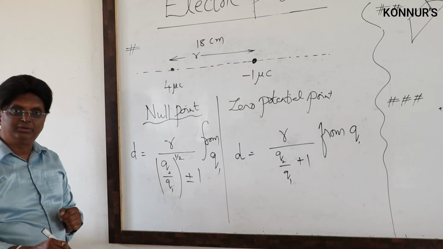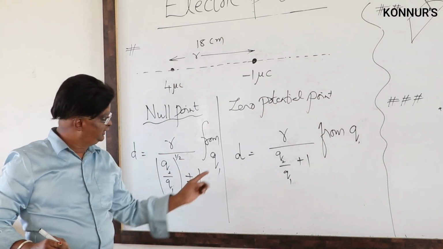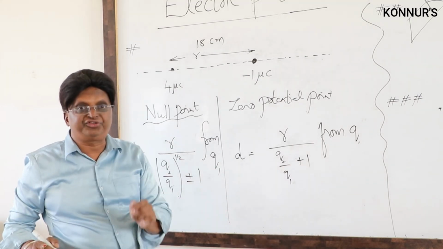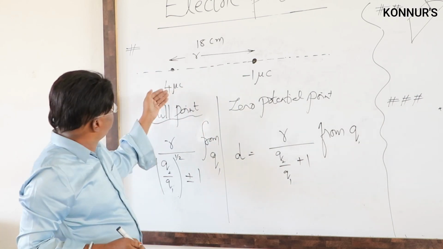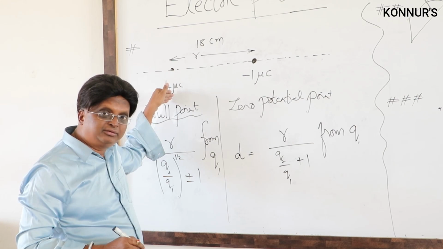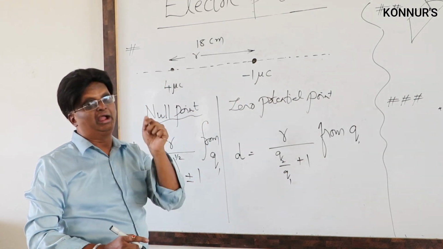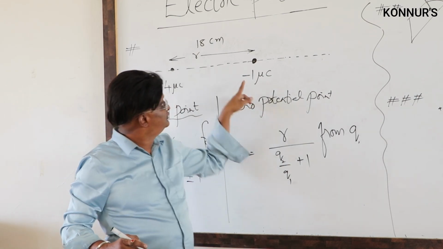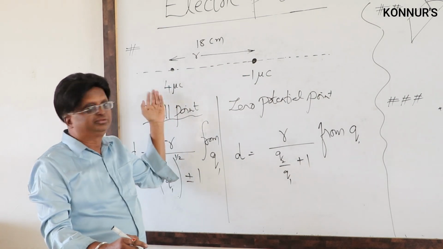Now what is the meaning of Q1? It is not the order of charges that are given in the data. No. Q1 is the charge from which we need the distance. Supposing in this example, if you want the distance from 4 microcoulomb, then 4 becomes Q1 and the other charge becomes Q2. And in the other case, supposing I want to calculate the distance from this minus 1 microcoulomb, I will consider this as Q1 and this becomes Q2.